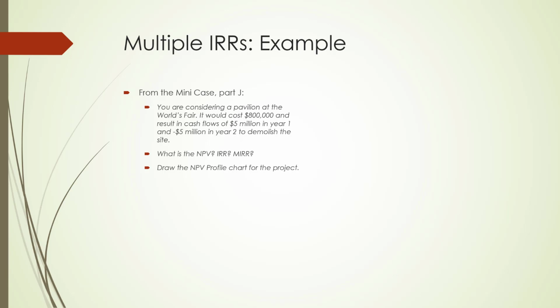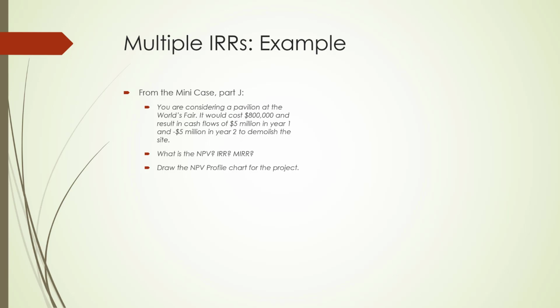That's one sign change. And then we go from $5 million to negative $5 million. That's a second sign change. So according to Descartes' rule of signs, that means that there are potentially two IRRs in this case. Now I say potentially because that's not always true, but it could be up to two. And in fact, in this case, we do have two.